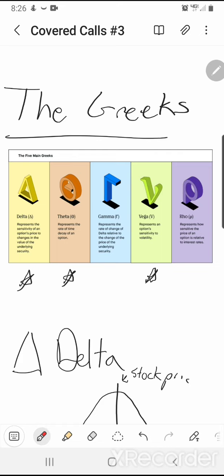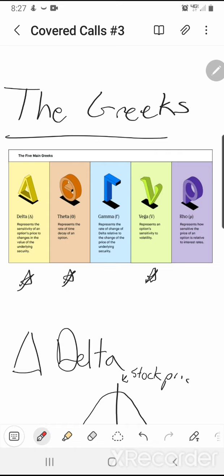Now, inside those Greeks are things that make them more complicated. There's mathematics, there's the Black-Scholes formula, there's probabilities and bell curves and all kinds of other stuff that make the Greeks work the way they do.